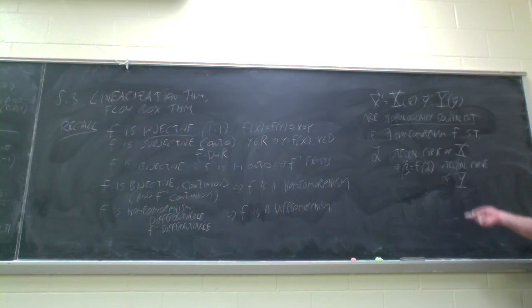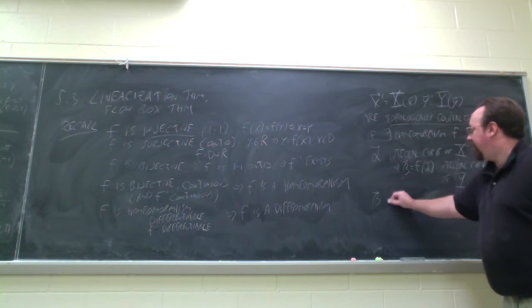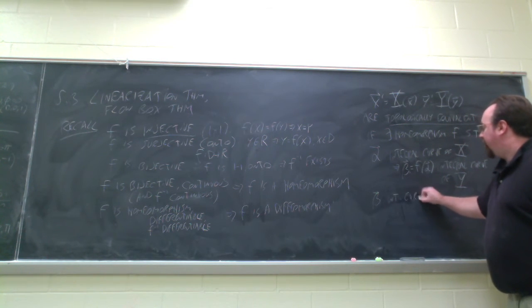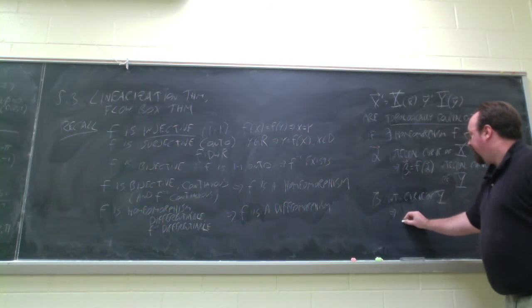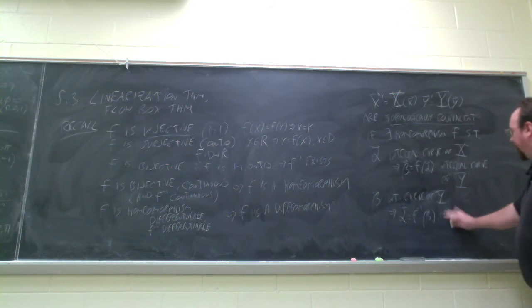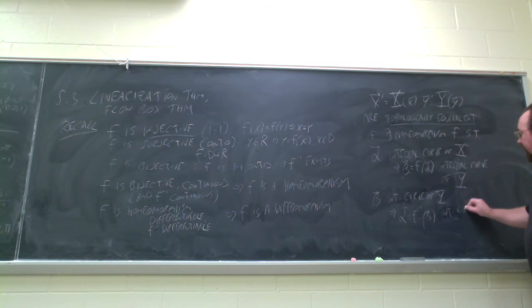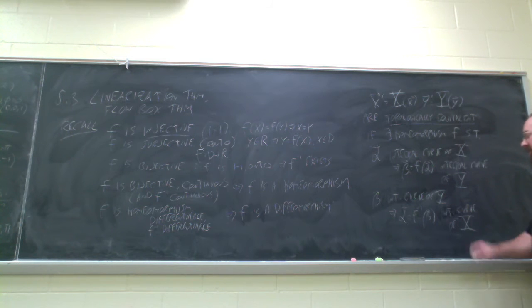And also important, it has to go the other way. So beta is an integral curve of y means that alpha, which is f inverse of beta, is an integral curve of x. All right, so you can just use f and its inverse to go back and forth between solutions of one system versus the other.